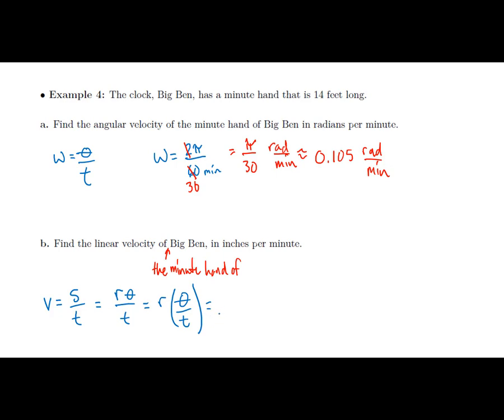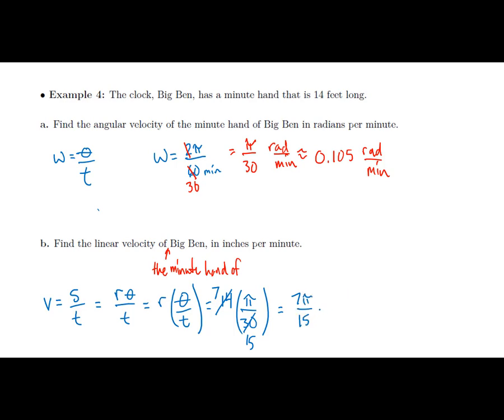Then I can specifically say, this is r, which is 14 feet, and theta over t, which, by the way, is just my angular velocity, is pi over 30. I could do a little bit of reducing, not much. So this is 7 pi over 15.